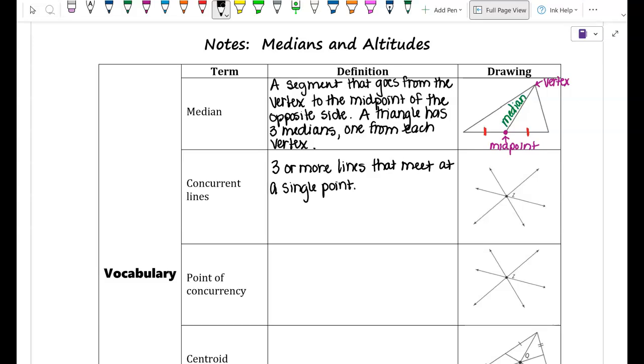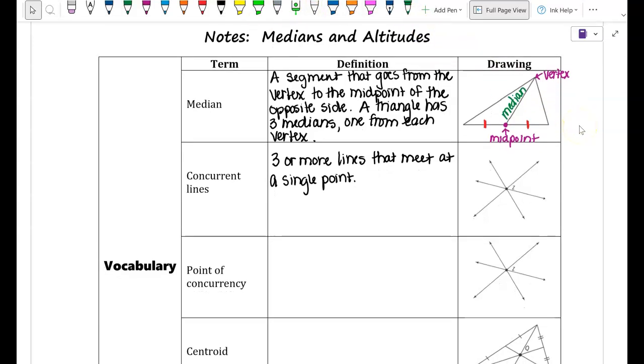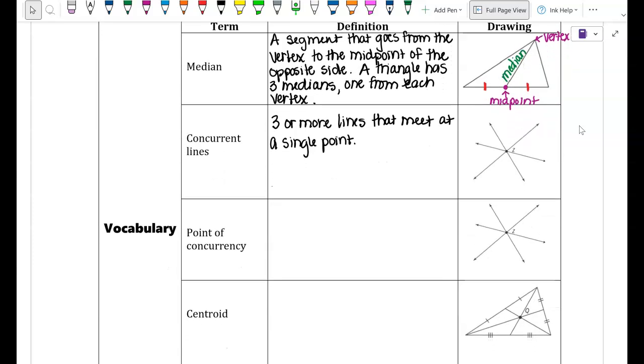And as you can see, the diagram for point of concurrency looks exactly like the diagram for concurrent lines, because the point of concurrency is the point where the concurrent lines meet.